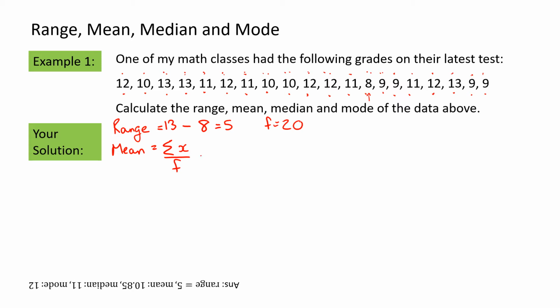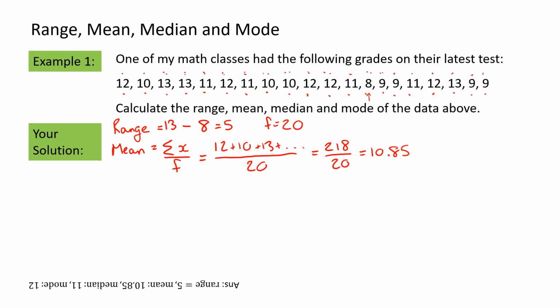And if you add them up, what it's going to look like is going from left to right, 12 plus 10 plus 13. And it continues to add up all 20 values with your calculator. And it's divided by our total number here. Okay? So if you add up all the numbers, you get 218 divided by 20, which gives you a mean of 10.85 using your calculator.